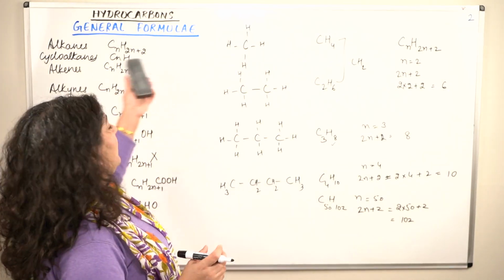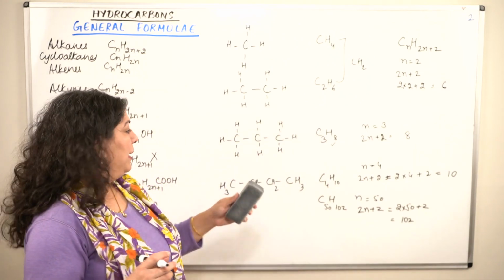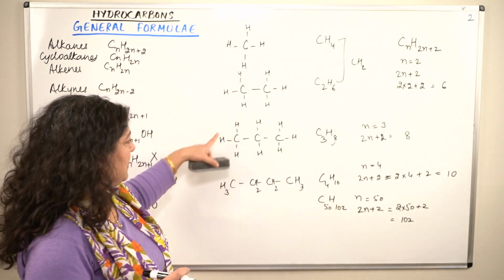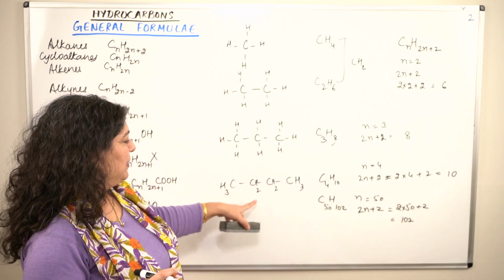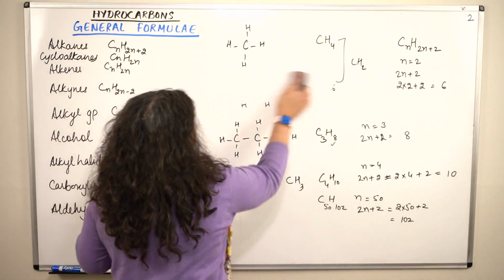Let us understand the other general formulae now. So this was alkane, and let us take propane. Now I will not be writing the separate hydrogens. I'll just be writing the H3, H2 to make my writing simpler.